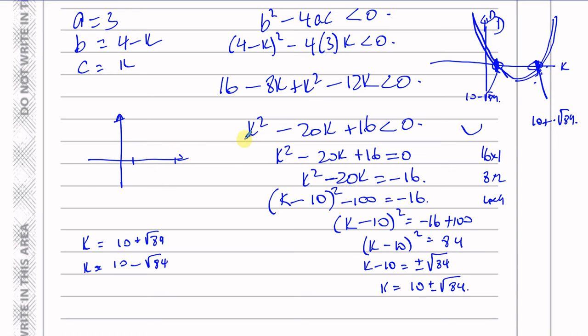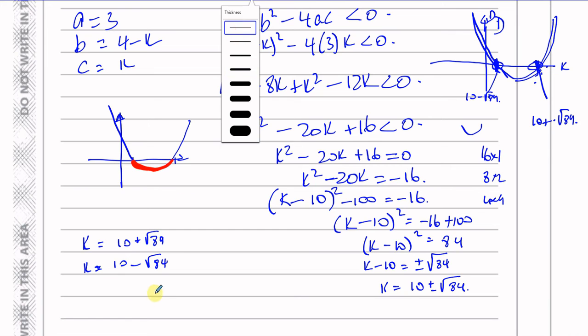We want to find the values of k where the discriminant is negative. So here the discriminant is above 0, it goes below 0, and then it goes back above 0 over there. So it's between these two values that it goes below 0. Okay, it's a bit thick, but no problem.